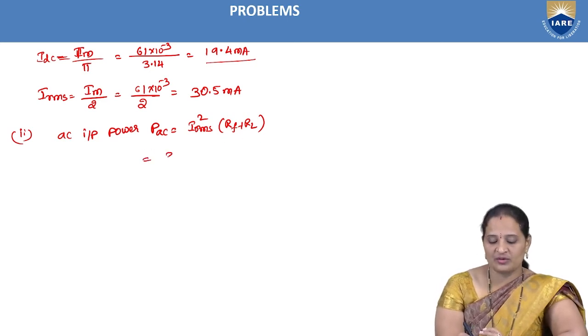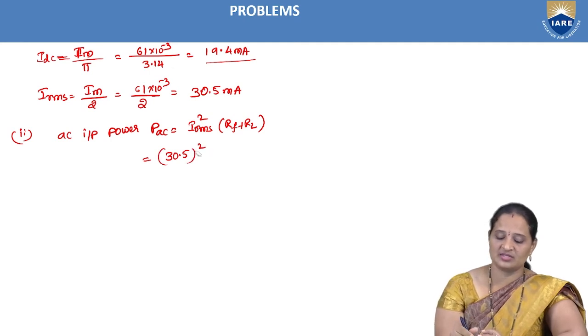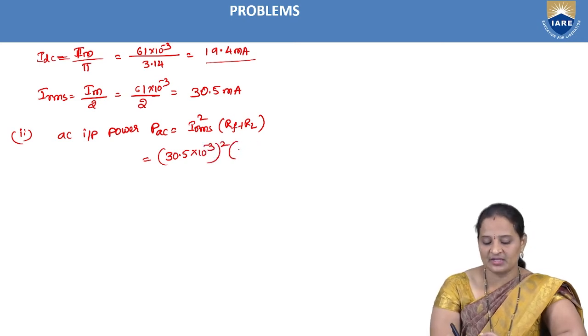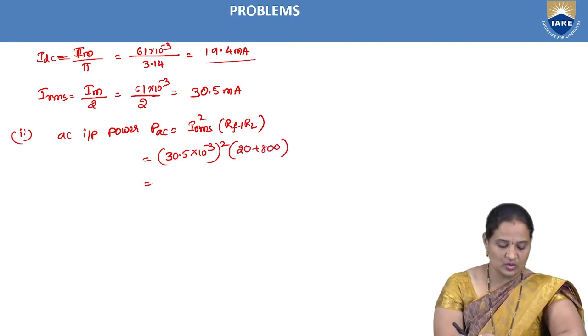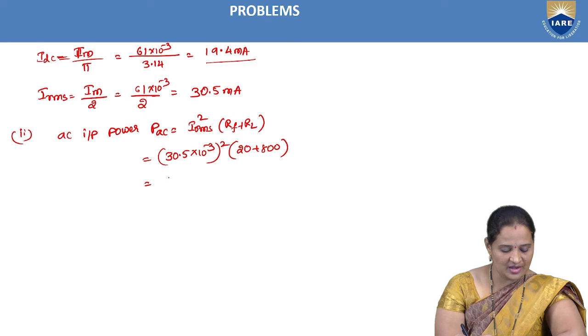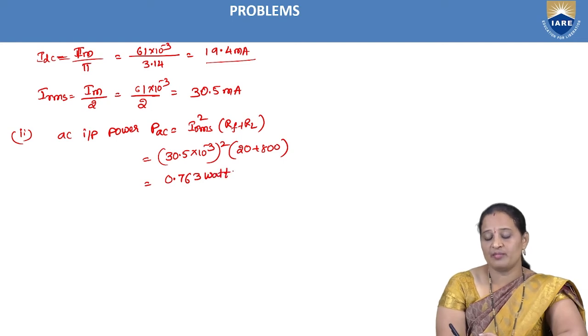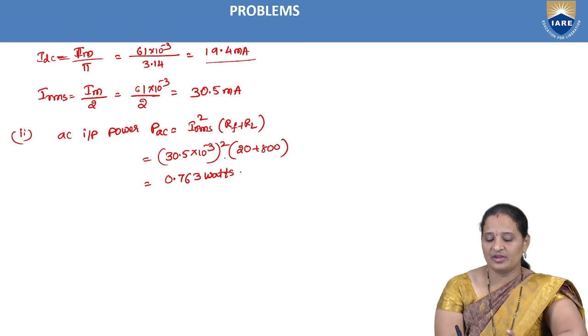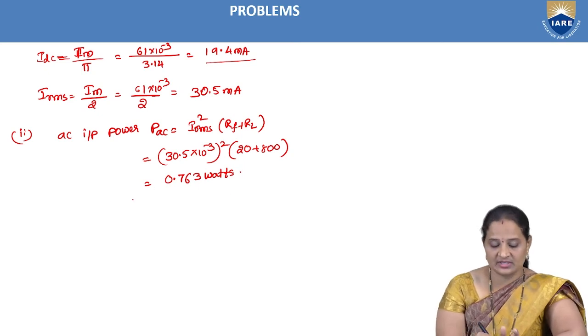So IRMS is 30.5 into 10 to the power of minus 3, whole square, into (RF is 20 ohms plus 800). This value is 0.763 watts. Always remember, power is calculated in watts.